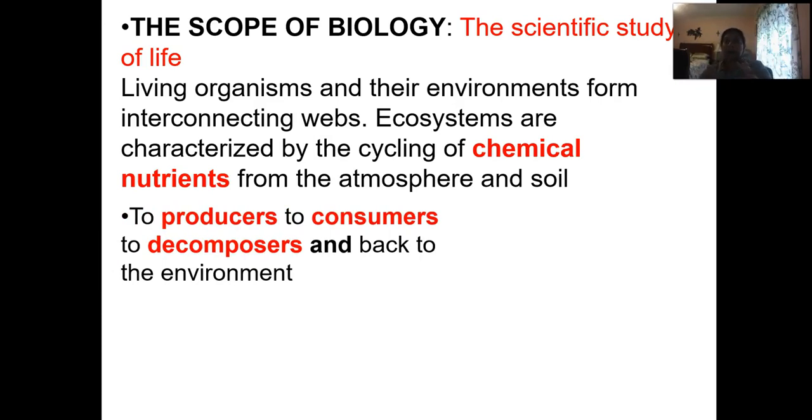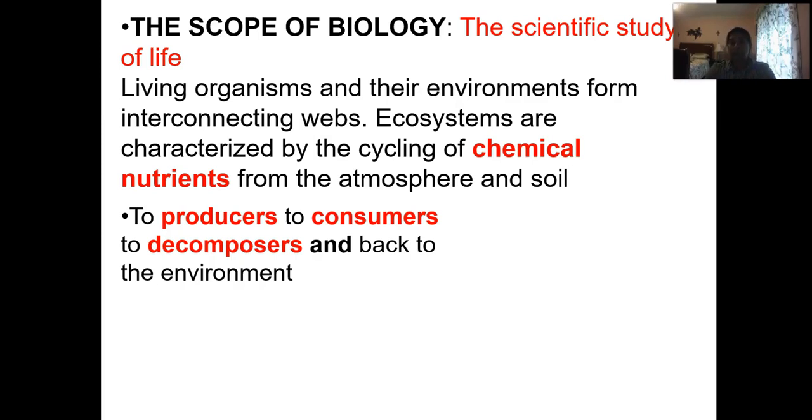Breaking those different categories down, you will see that living things in an ecosystem can be divided into three major categories: your producers, your consumers, and your decomposers.